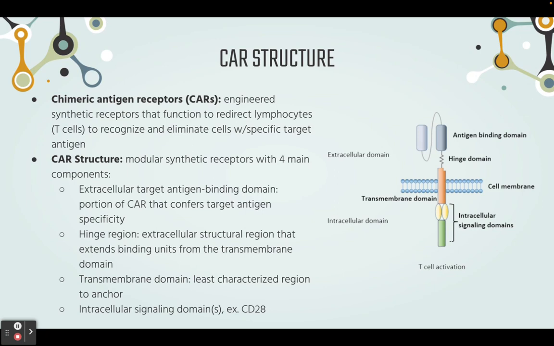There's also the hinge region, which extends the units from the transmembrane domain to be able to reach the antigen on the cell. The transmembrane domain is the least characterized region, and it anchors. And then there are the intracellular signaling domains, for example, CD8 and CD28, and those are some of the co-stimulating molecules that help the T cells remain active.